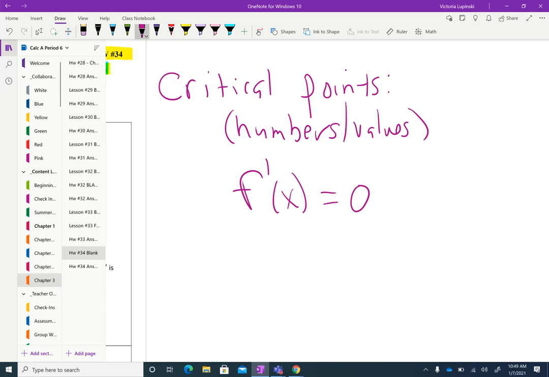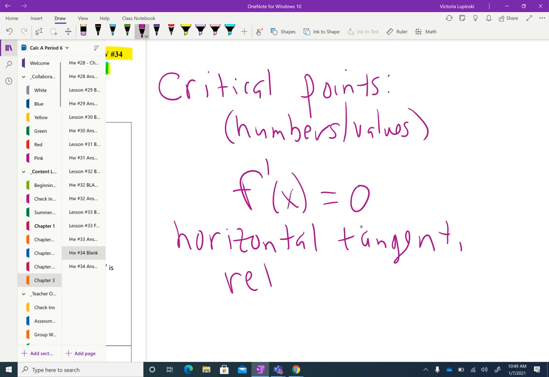We've done that lots of times algebraically, but I want to make sure it's clear that graphically, where the derivative is equal to 0 is anywhere that there is a horizontal tangent, which essentially means anywhere that there is a relative max or min. So graphically speaking, when you're looking for critical points, you're looking for places that have horizontal tangents or relative maxes or mins.